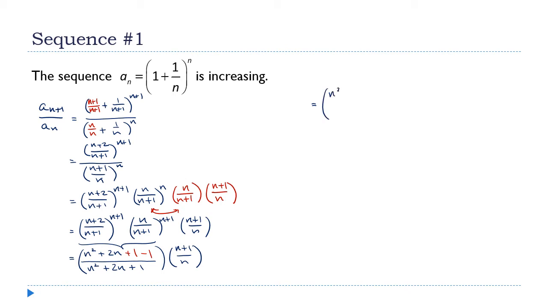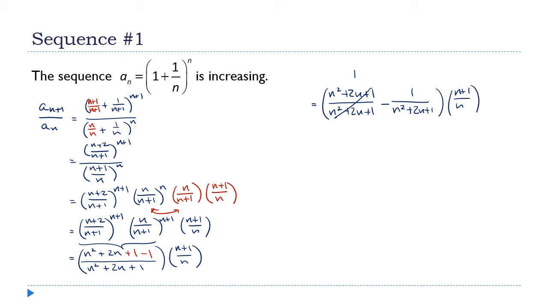I'm going to make it (n squared plus 2n plus 1) over (n squared plus 2n plus 1) minus 1 over (n squared plus 2n plus 1), still times (n+1)/n.